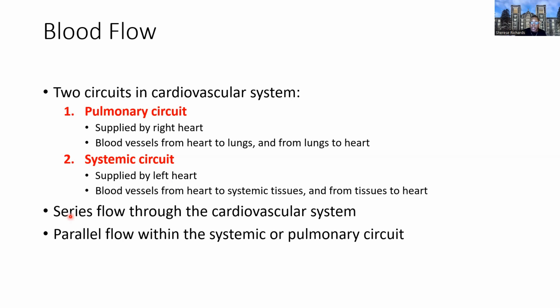That series fashion. When we think about blood individually within the pulmonary circuit or even within the systemic circuit, blood that's flowing individually to these circuits is now flowing in parallel. And what does that mean? When we leave the heart and we're now in the systemic circuit, all of the blood does not go to every single organ or every single tissue. Blood is flowing in parallel here.